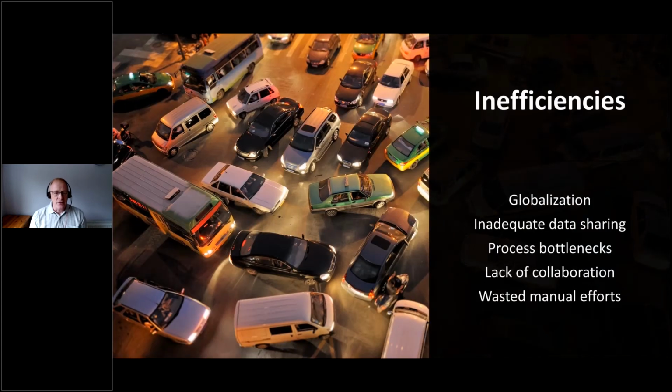So there are various inefficiencies that are typically present in most organizations. What are the ones that you deal with? We'll look at some of the typical ones. Globalization obviously is a challenge. It's a small world these days, and we often have to deal with people in various parts of the world, be it within our own organization or third-party suppliers or designers or collaborators.